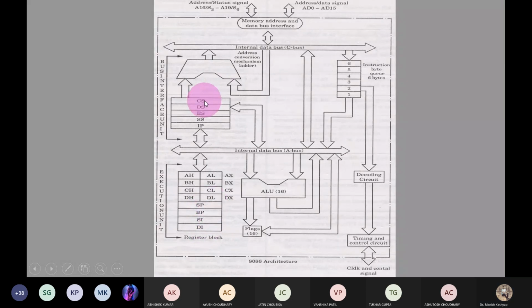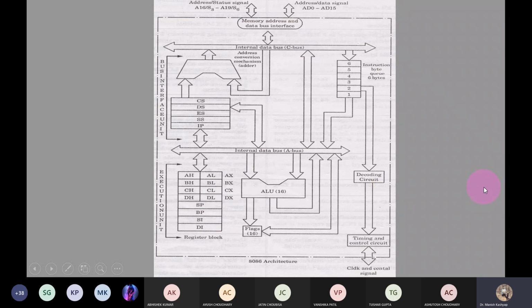Similarly, with the code segment, we use the instruction pointer: the base address is in the code segment and the offset address is in the instruction pointer. With ES, we could use either SI or DI, right? With the data segment also, you can use either SI or DI.